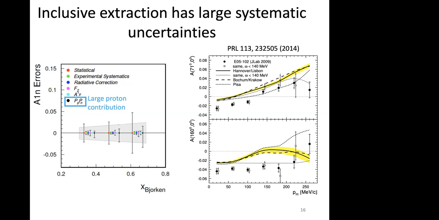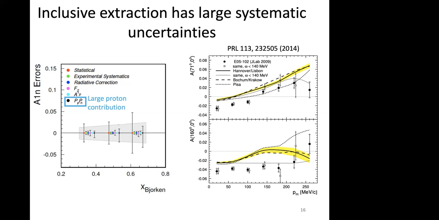This understanding heavily depends on how we understand the ground state of the helium-3, and we have another issue on that. On the right-hand side is the quasi-elastic double spin asymmetry measurement from the helium-3. This asymmetry measurement is really sensitive to the ground state of helium-3.